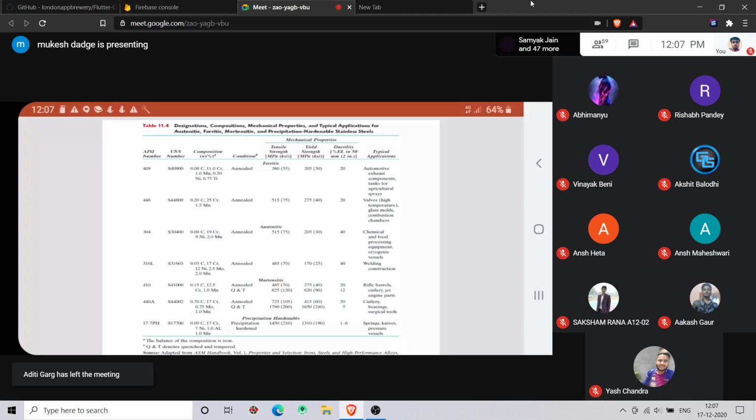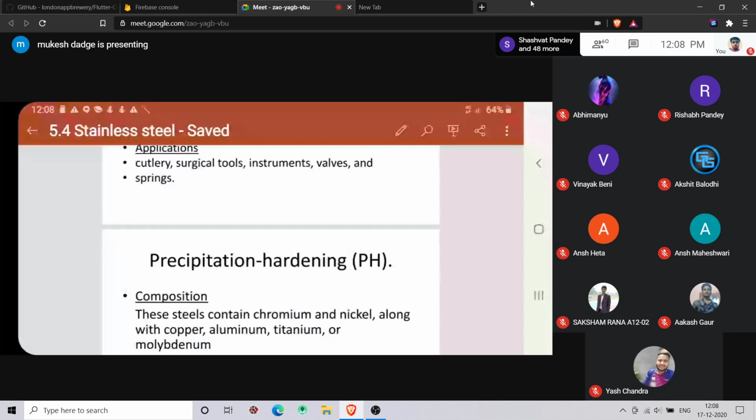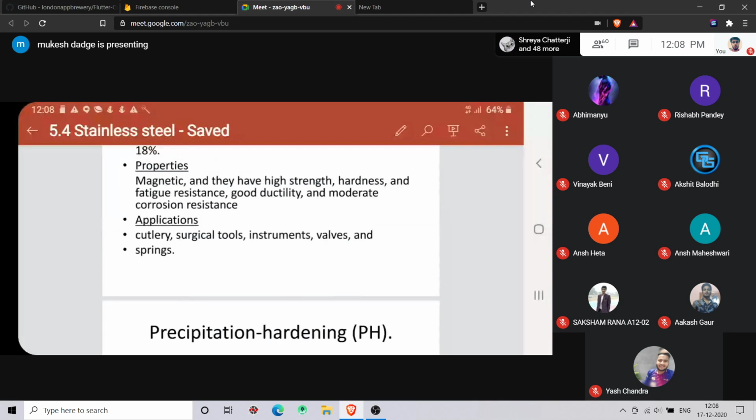So you just remember that chromium has to be there, and another percentage of carbon, common percentage, and nickel and manganese. You have to write at least chromium and carbon percentage.